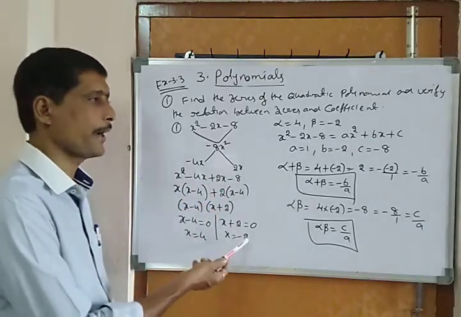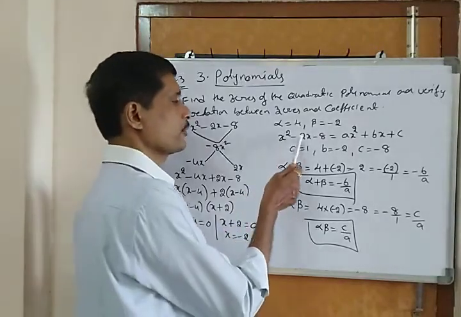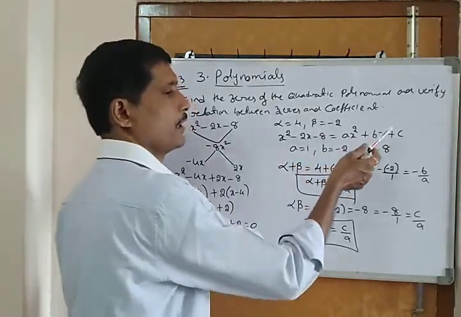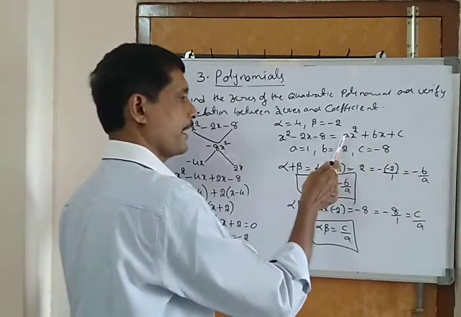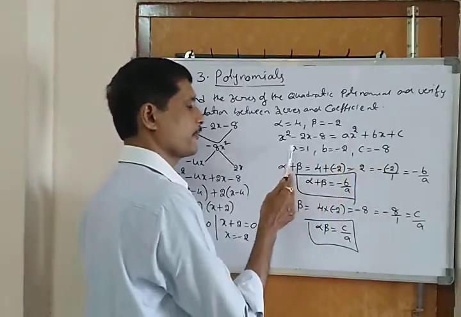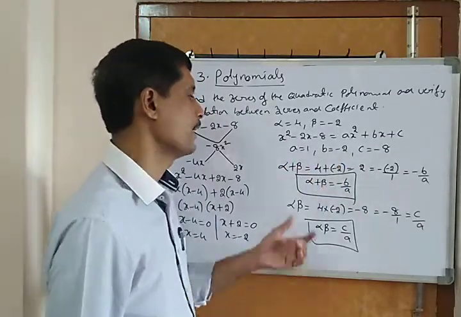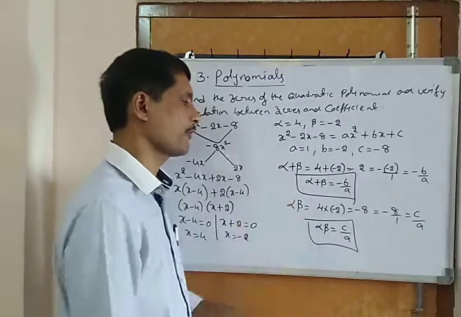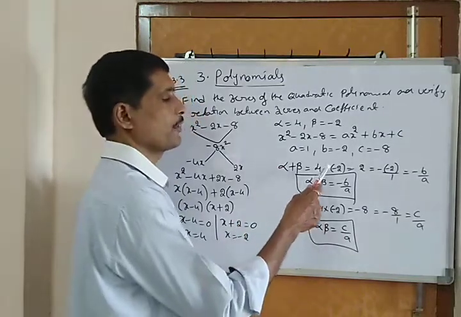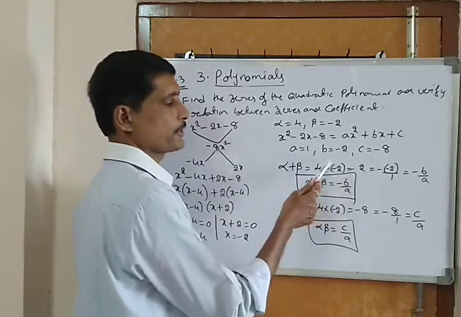Compare x square minus 2x minus 8 with the general equation of a quadratic polynomial, ax square plus bx plus c. The coefficient of x square is 1, therefore a equal to 1, b equal to minus 2, c equal to minus 8. First, the sum of the zeros: alpha plus beta equal to 4 plus minus 2, that is 4 minus 2, that is 2 only.